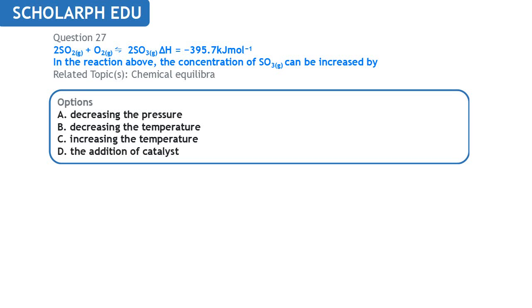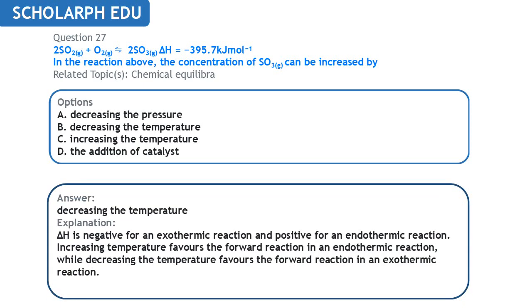In the reaction above, the concentration of SO3 can be increased by decreasing the temperature. Now in this reaction, you can see the enthalpy change here is negative. It means that this reaction is an exothermic reaction, a reaction in which heat is given out.